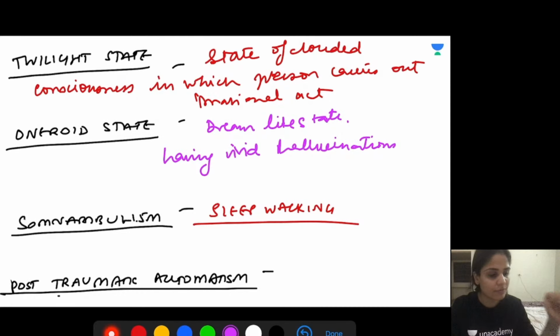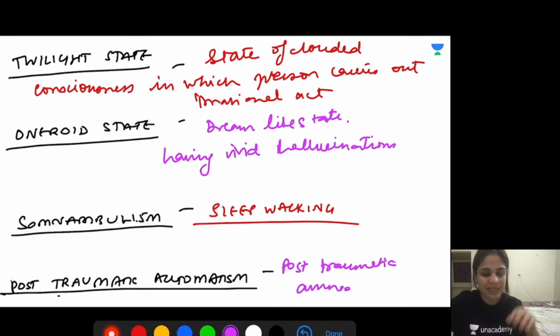Okay, and finally, what is post-traumatic automatism? So post-traumatic automatism is nothing but post-traumatic amnesia. So for example, if the husband has set the wife on fire for dowry, the wife has burns and she survives.